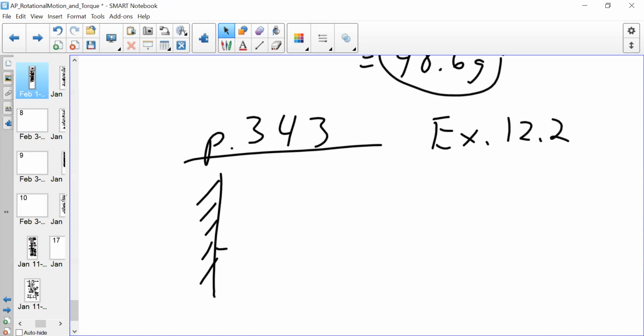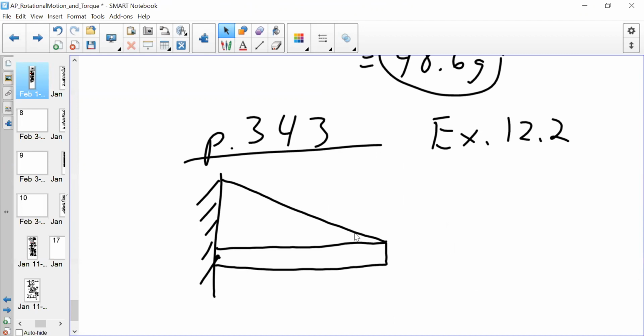Okay, so we have a plank that would rotate if left on its own. String here. So we have a guy standing roughly at this point.